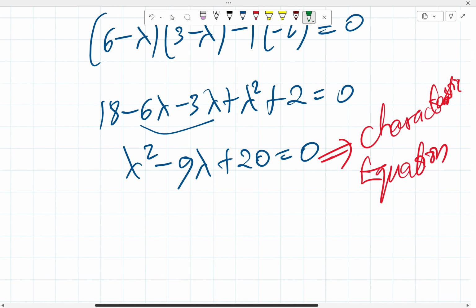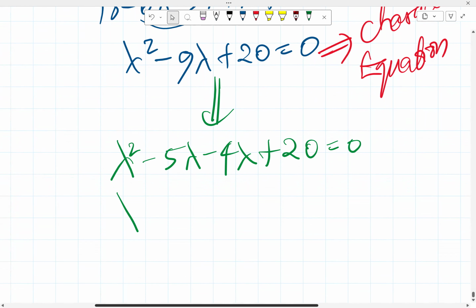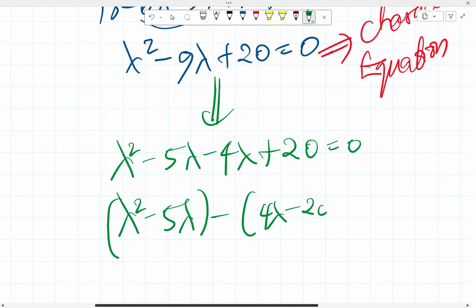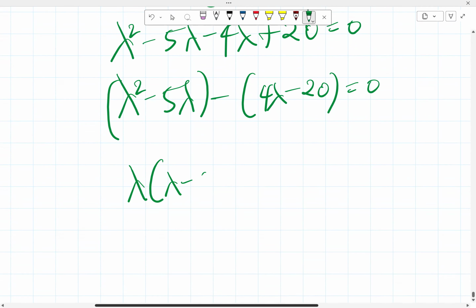So the next thing now is to solve this. We have lambda squared minus 5 lambda minus 4 lambda plus 20 equals 0. So this is lambda times (lambda minus 5) minus 4 times (lambda minus 5) equals 0.